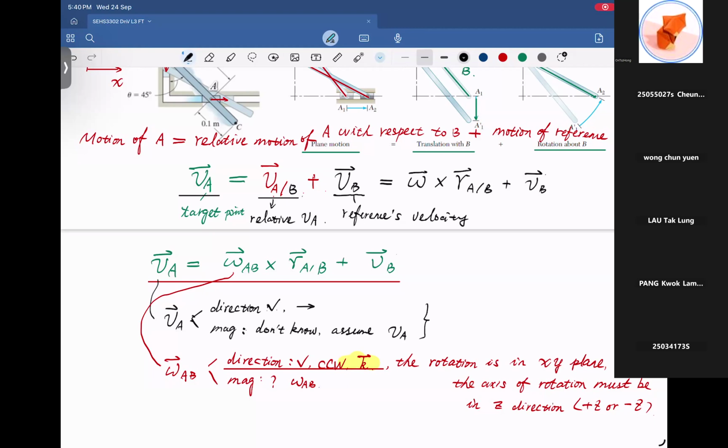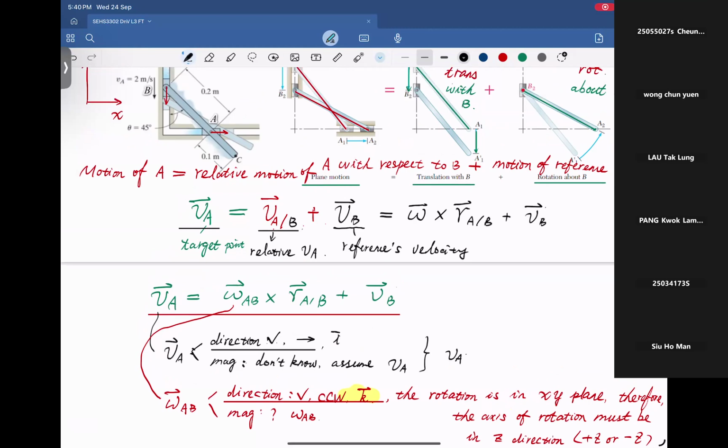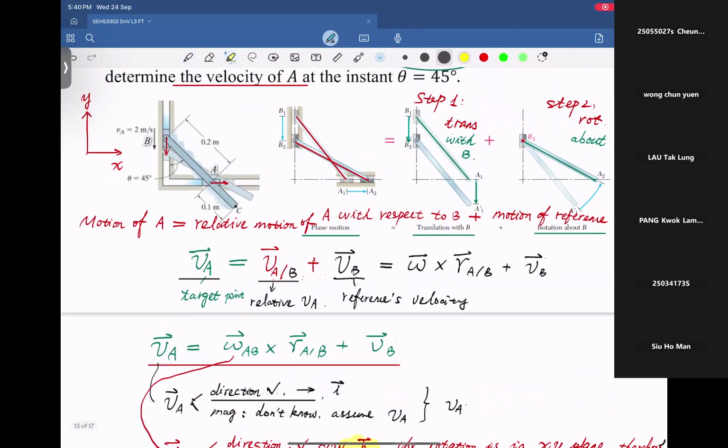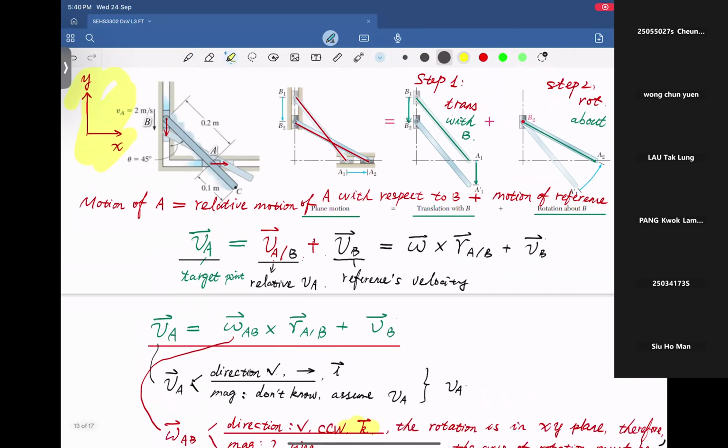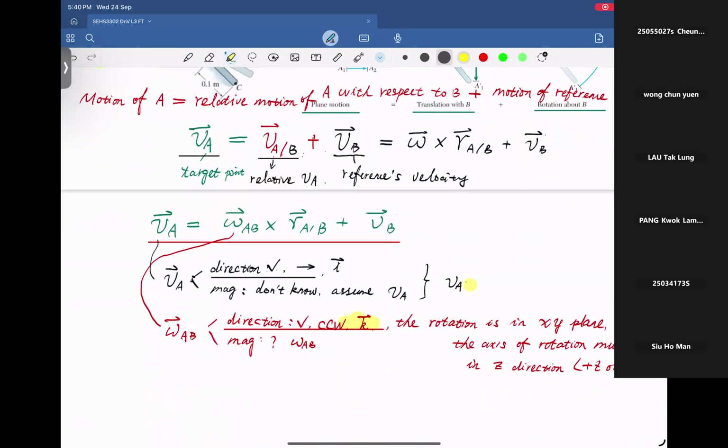So combine together, we can have VA like this: VA, the assumed magnitude, with the direction. Direction is to the right. To the right is positive i direction, because we have the coordinate system. Therefore, VA i is the vector of VA. And omega AB, we put them together.